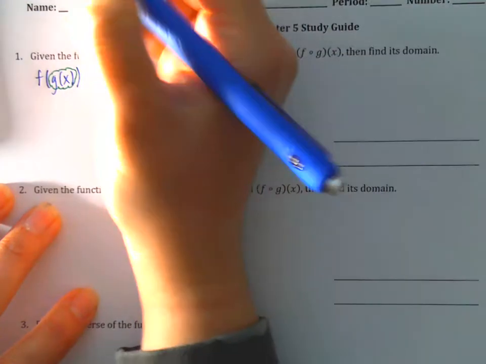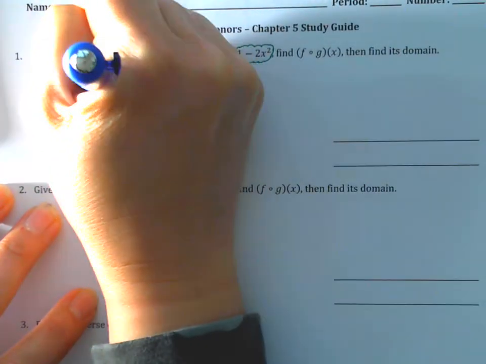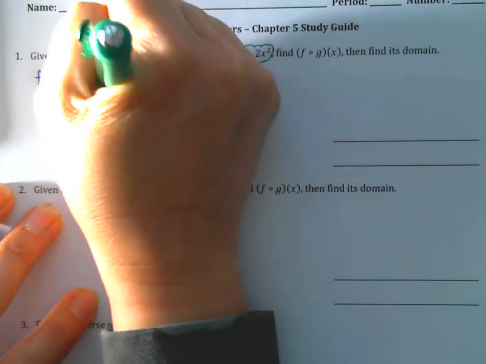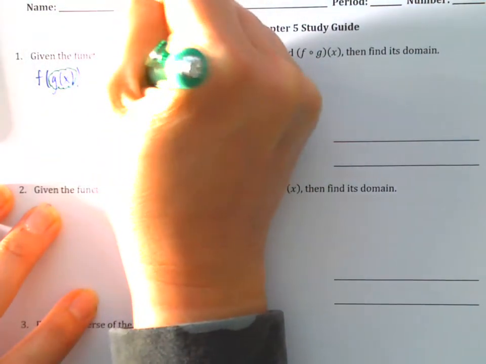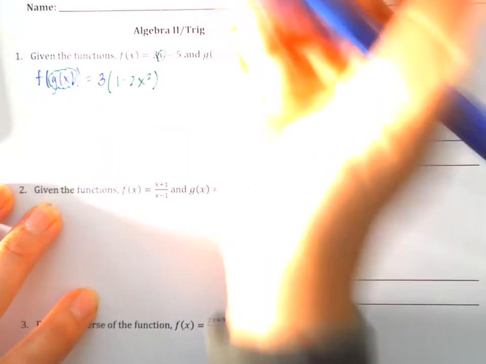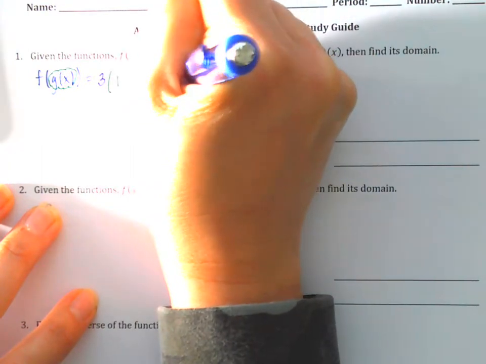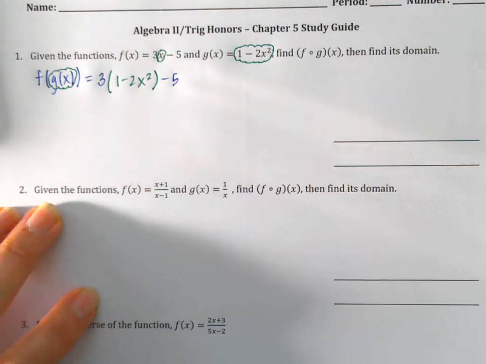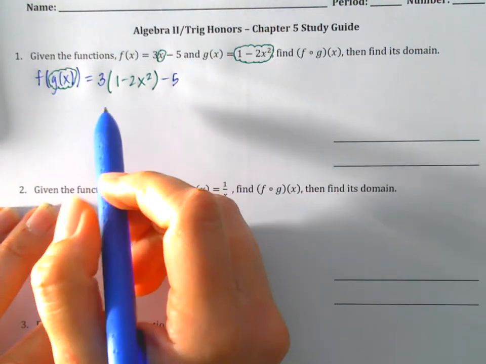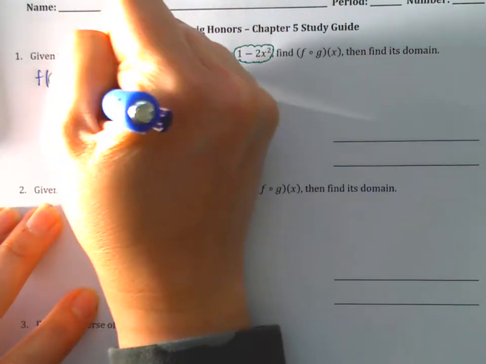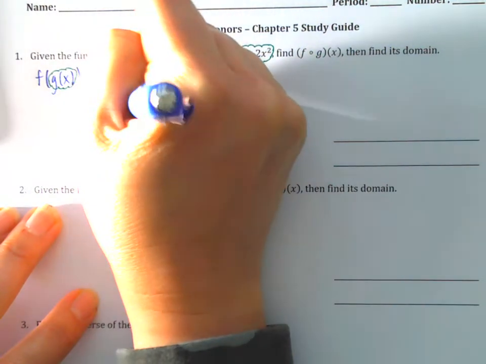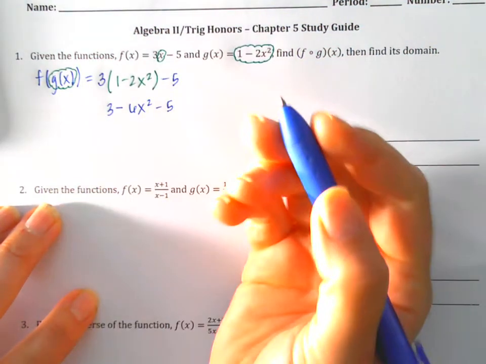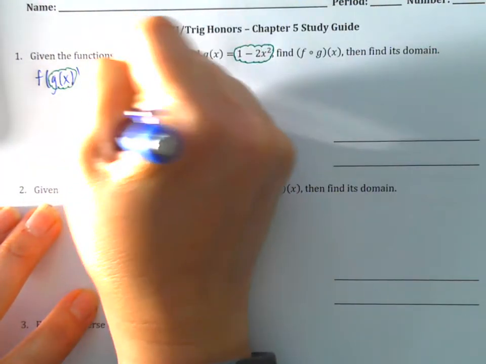So that's going to be 3, and now instead of x, we plug in g of x, which is that 1 minus 2x squared, minus 5. Then I would distribute that 3. So it would be 3 minus 6x squared minus 5. Combine like terms, so 3 minus 5 is negative 2.